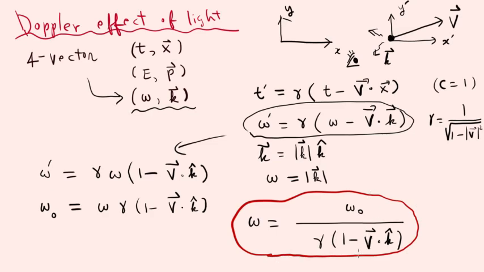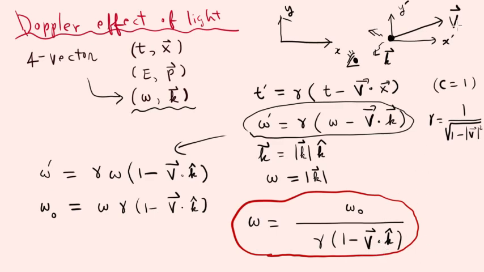And I leave it up to you to show that when k hat and v are parallel, that corresponds to the light source approaching directly towards the observer. In that case, this becomes a positive number v, and that is the same equation that we derived in the previous lecture.